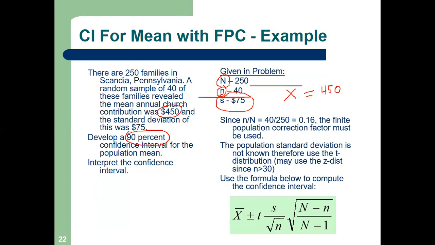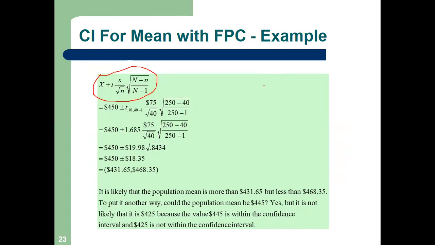Let me write: capital N is 250, small n is 40, S is 75, X bar is 450.